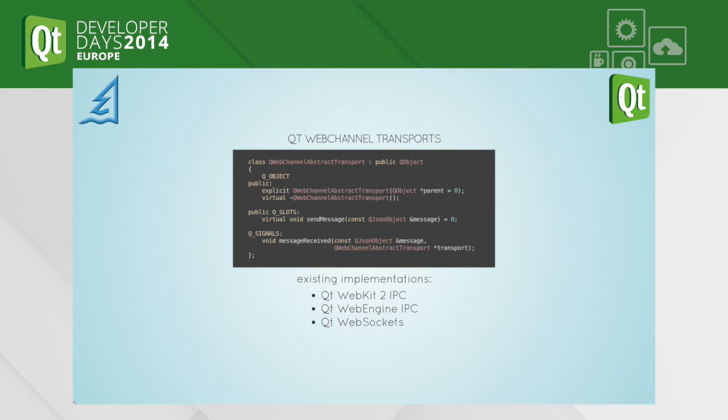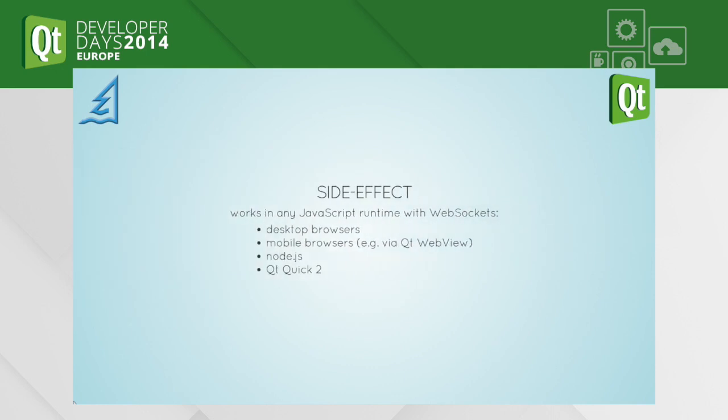And that actually brought us to some very nice side effects. I mentioned that Norm initially used WebSockets because it was easier to do than writing the C++ code in WebKit or Web Engine to actually reuse the native IPC channel there. But in doing so, we realized that once you use WebSockets for communication purposes, you can talk to anyone that supports WebSockets.